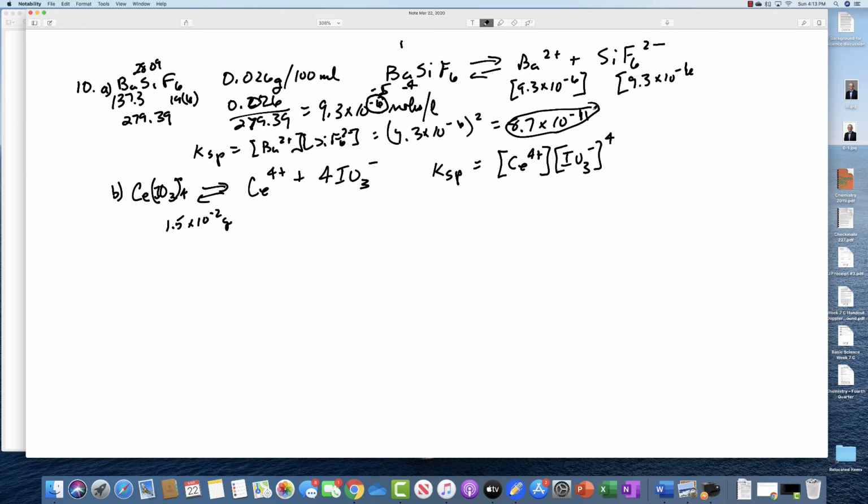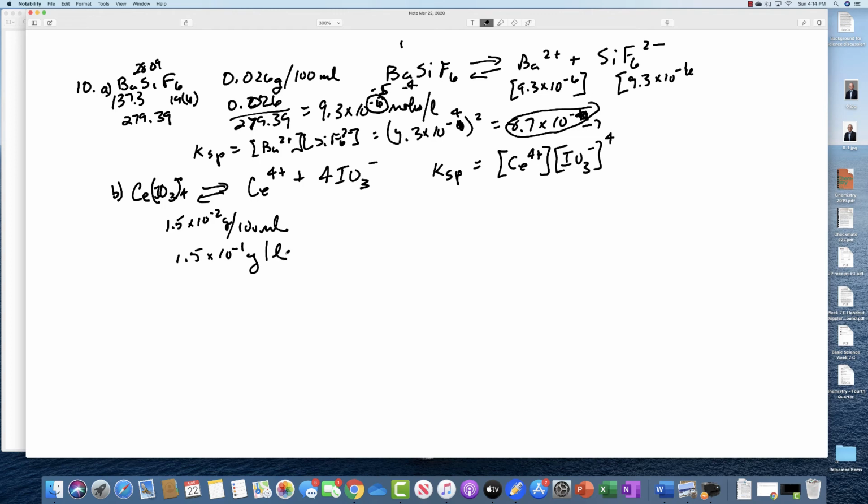So I think my number over here should be minus 4, and that this should be minus 7. Because it's 1.5 times 10 to the minus 2 grams per 100 milliliters, which means you're going to have 1.5 times 10 to the minus 1 grams per liter. And then you're going to use that to make your calculation.